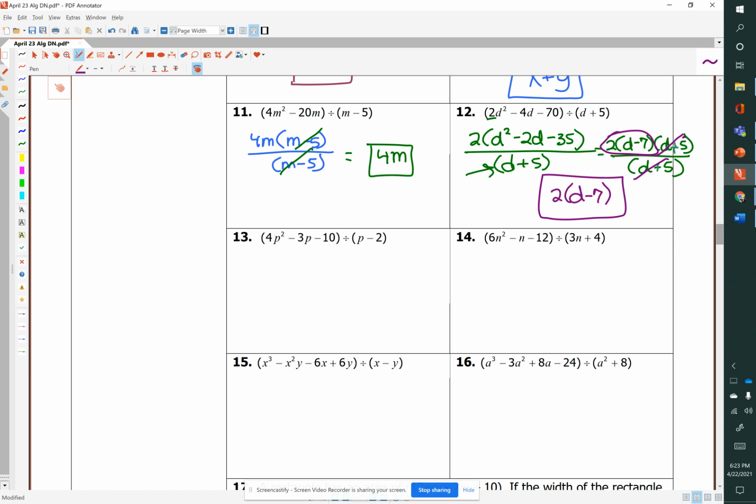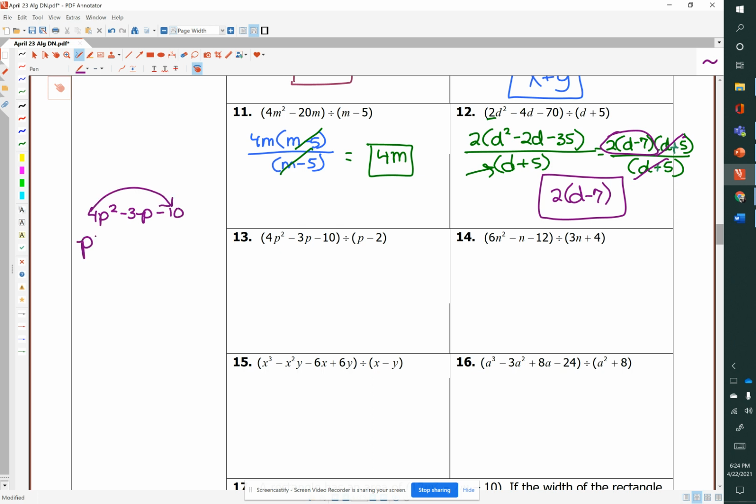Okay, number 13. I think we'll use slip and slide on that one. So I'm going to do it over here. 4p squared minus 3p minus 10.